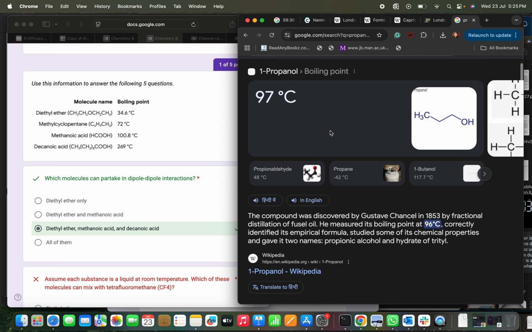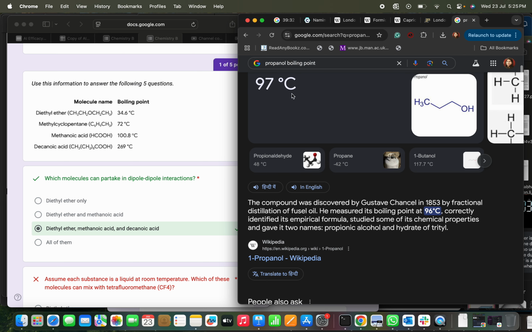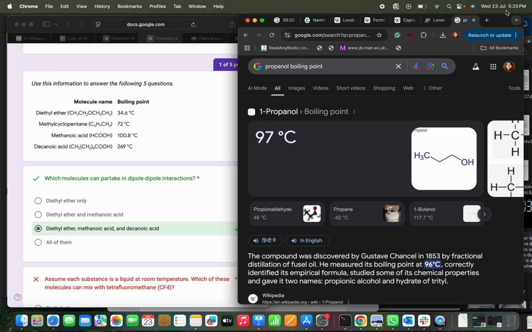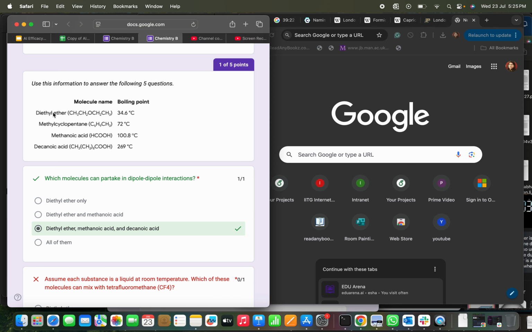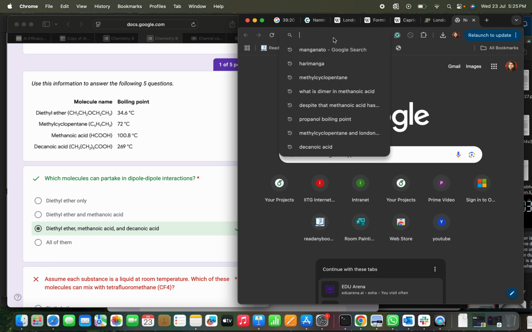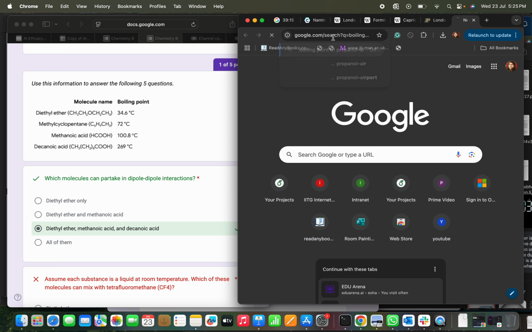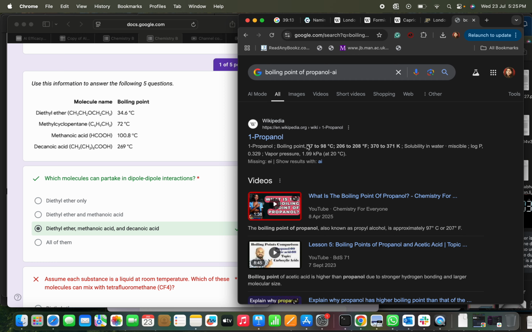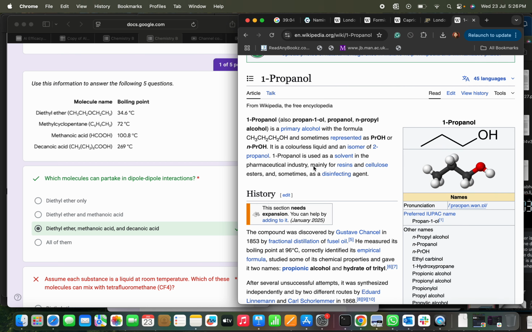So propanol is CH3. Alright, so I guess I'll have to redo this. So the boiling point is between 97 to 98, but how to figure this out without knowing the boiling point?